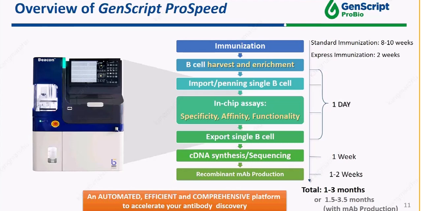In the next few slides, I will talk to you in more detail about how this highly automated, efficient, and comprehensive system works and why it can work so fast to enable this tremendously expedited antibody drug discovery process.